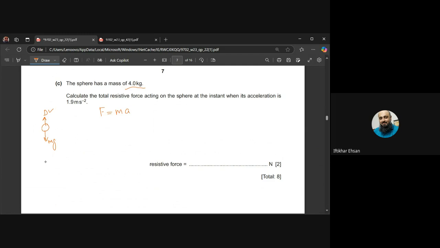As it is moving downwards and accelerating, this force is larger. So the larger force mg will subtract the smaller force. Substituting the values, I hope you can calculate.